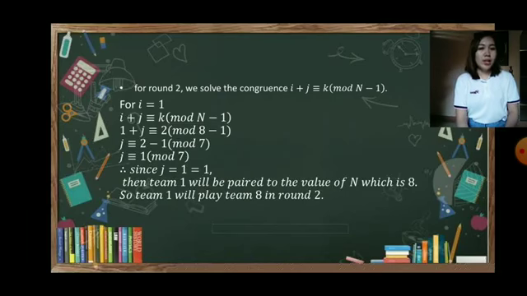Therefore, since j equal to 1 is equal to i, which is 1, then team 1 will be paired with the value of n, which is 8. So team 1 will play team 8 in round 2.